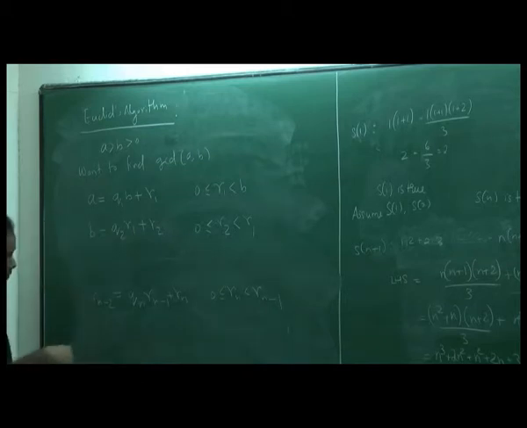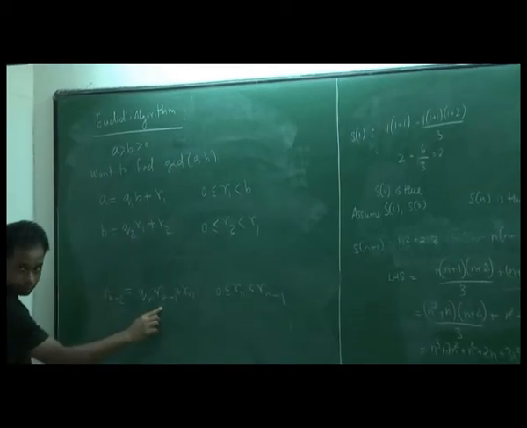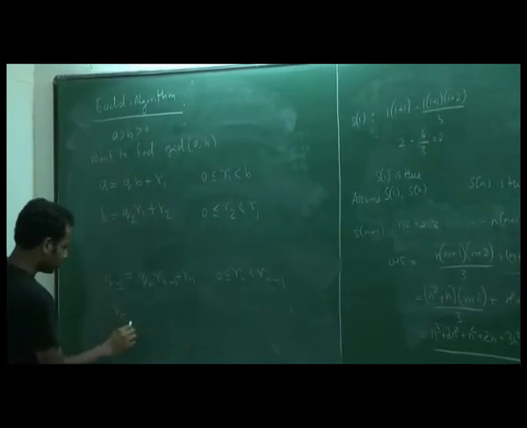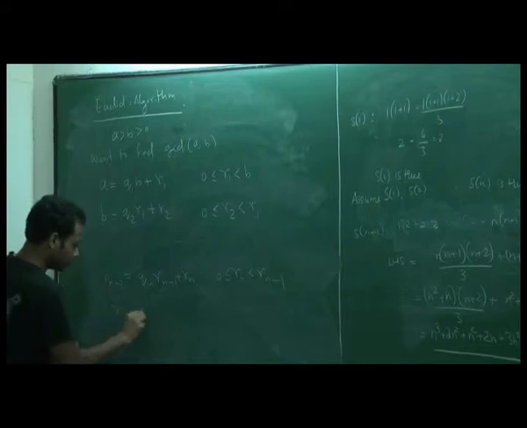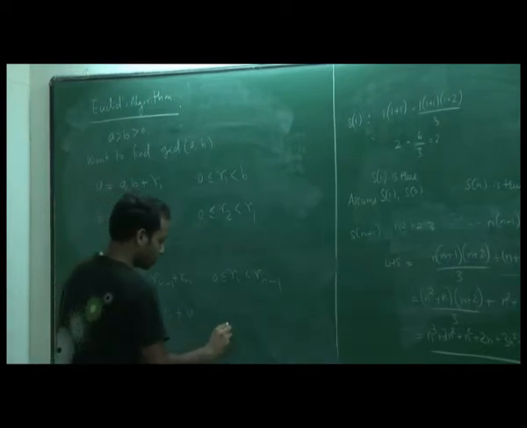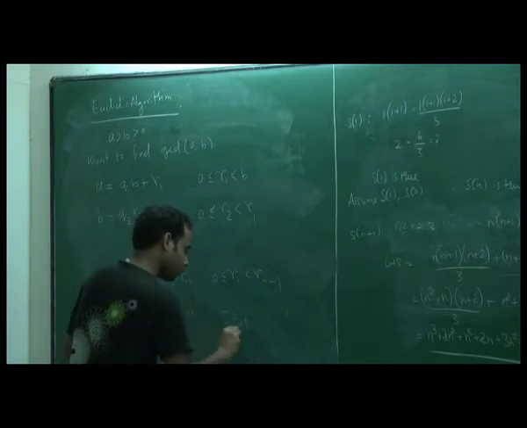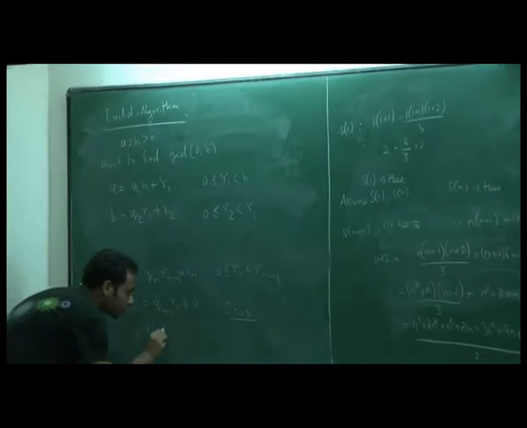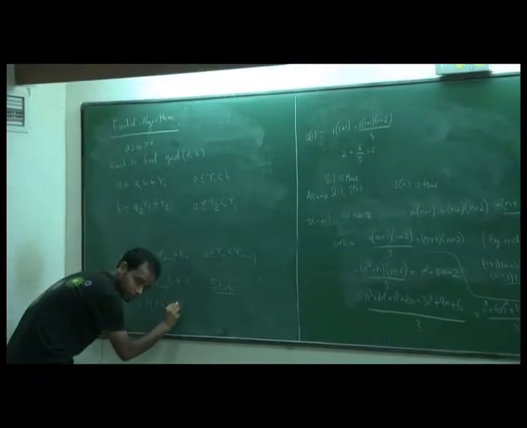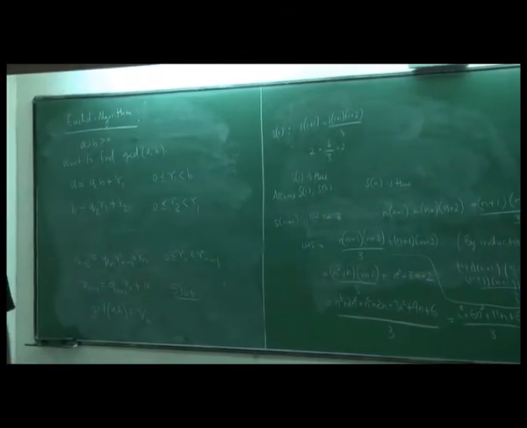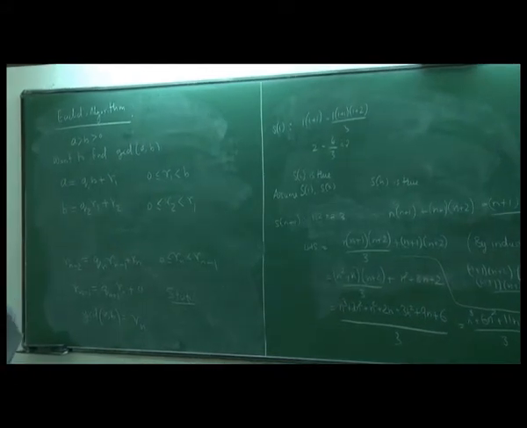And suppose the next step is that Rn divides Rn minus 1, so Rn minus 1 equals Qn plus 1 times Rn plus 0. This is the point where we stop, and we conclude that the GCD of A and B equals Rn. So these are the steps.